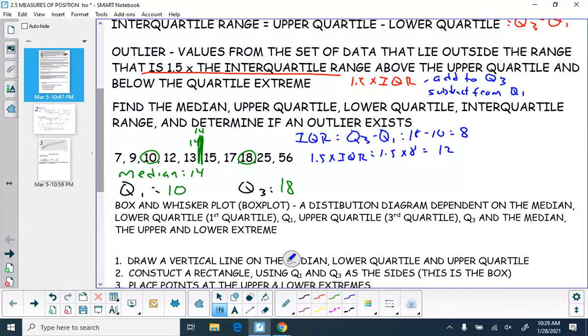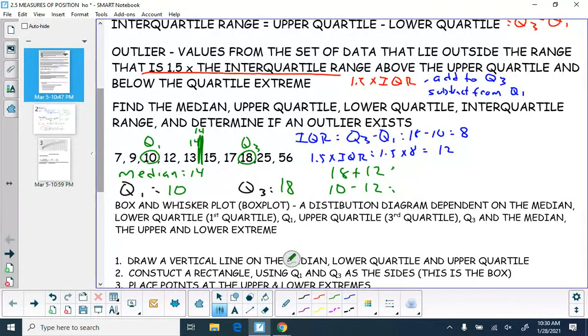Now to find if we have outliers, we take this value 12, add it to the upper quartile, subtract it from the lower quartile. So we have 18 plus 12, and then 10 minus 12, because this is Q3 and this is Q1.